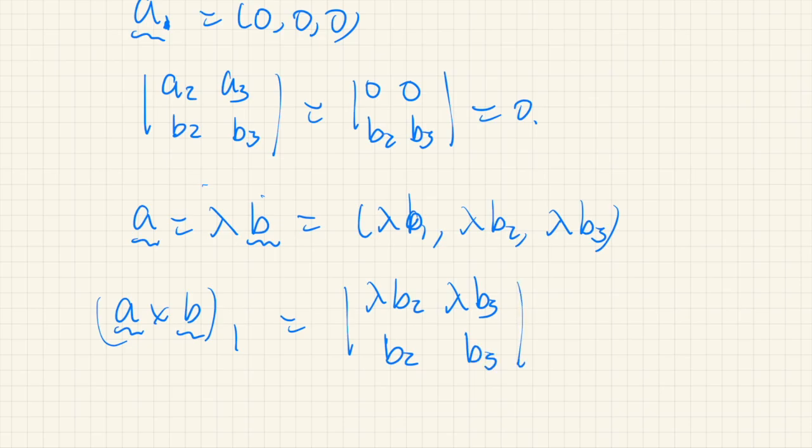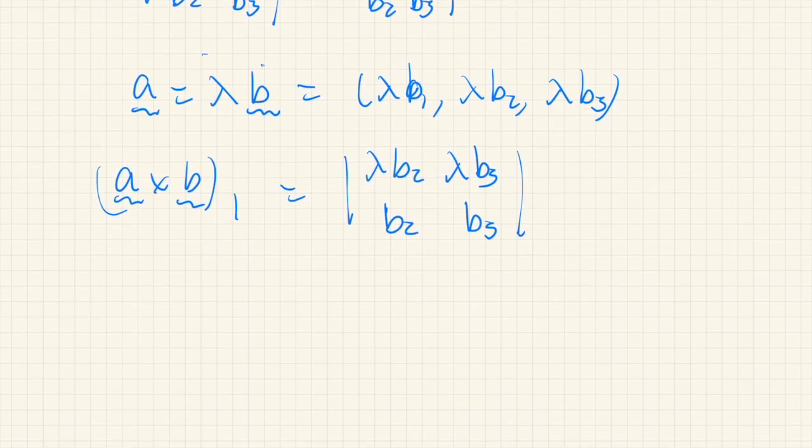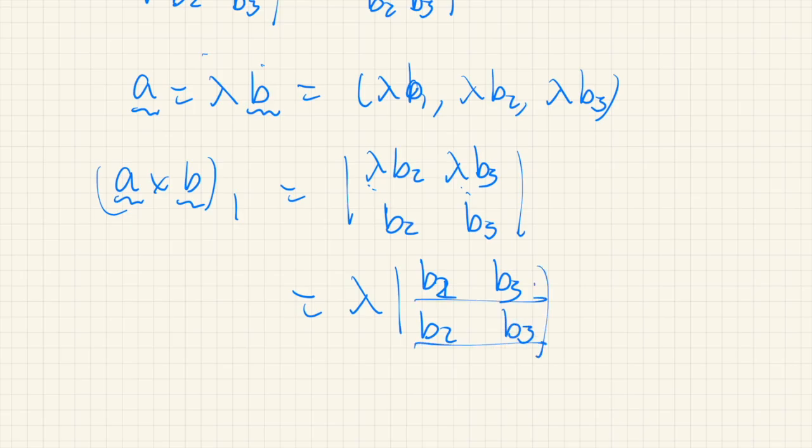But this is a determinant, so just use the properties of determinants. First we can take this lambda out, and that's B2 and B3 and B2 and B3. Now we have two rows that are identical, and in that case the determinant is 0. You can show the same thing for the second and third component, and try all the others.